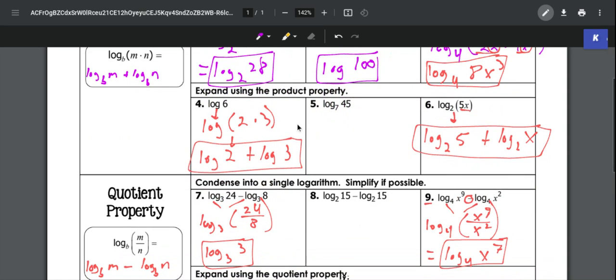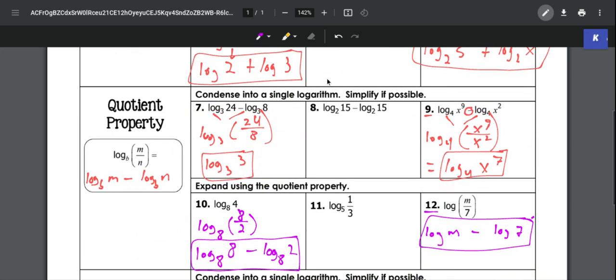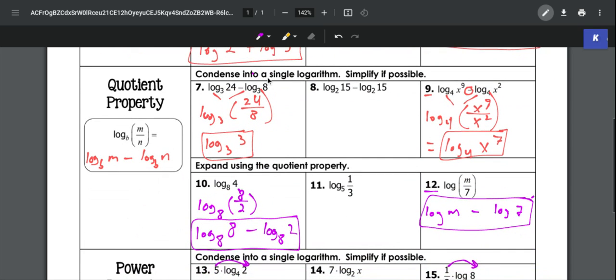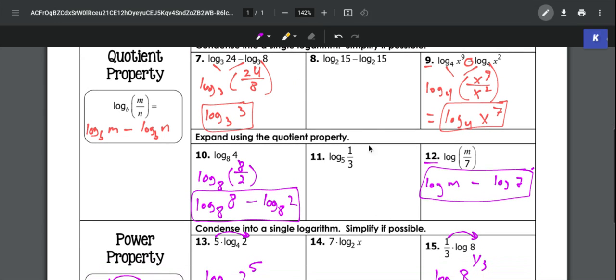If you want to expand those, you'll just take it from a single logarithmic form and break it down, and you'll end up with an addition sign if you want to use the product property. The quotient property is the same, except it's just opposite. It's just subtracting now. And then when you expand it, you'll end up with a minus sign.